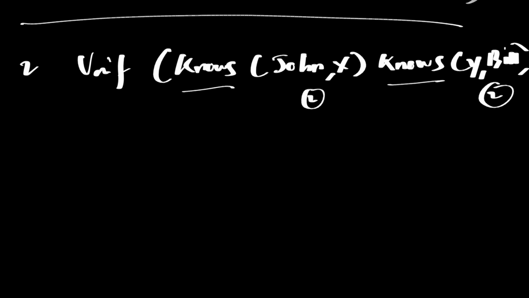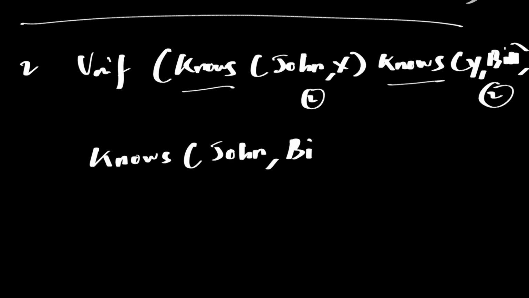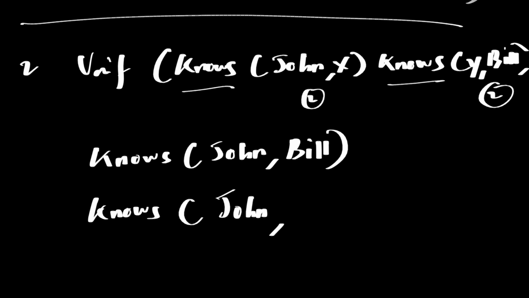So what we can do, we can simply go for the direct example, right? So Knows(John, this X could be replaced by Bill, right? The Knows(Y could be replaced by John, right? So now what happened?